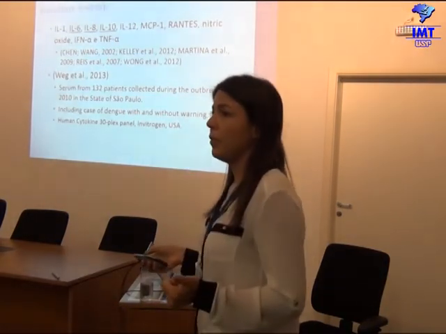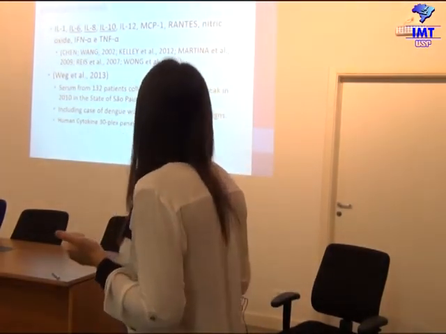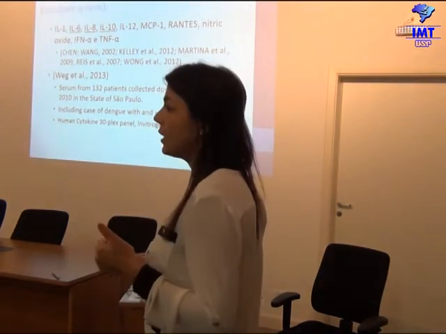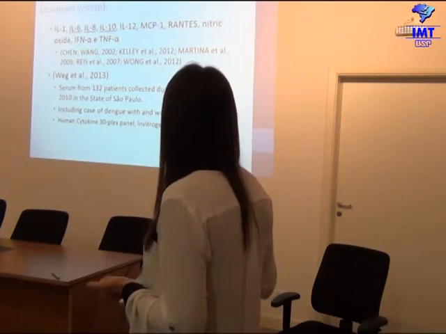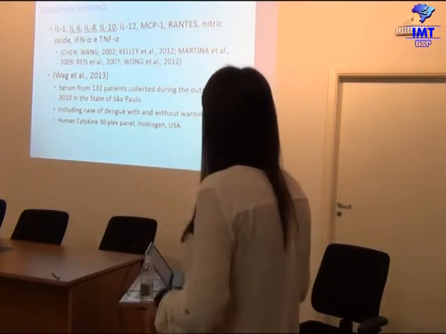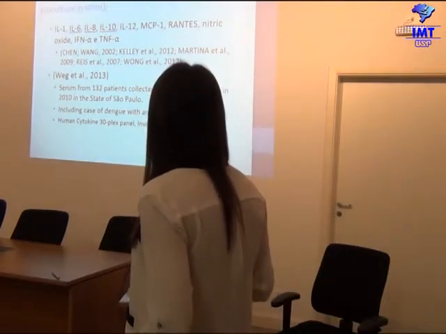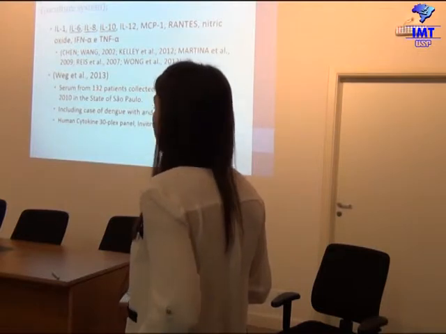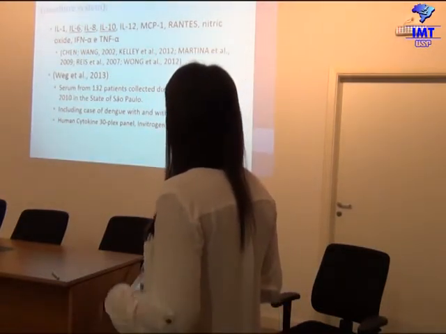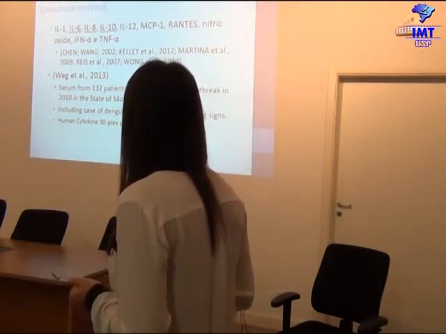The second step of this study is to compare the in vivo cytokine profiles, comparing data from infected patients. This data has already been collected and published this year. So cytokines were measured from 132 patients during the outbreak in 2010 in São Paulo.